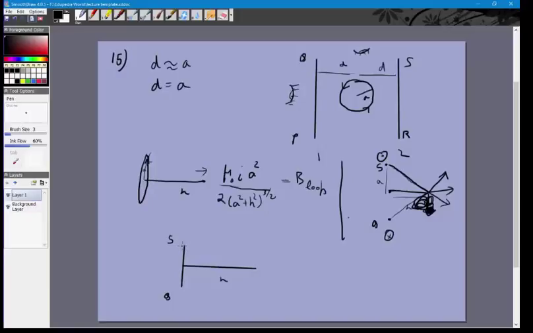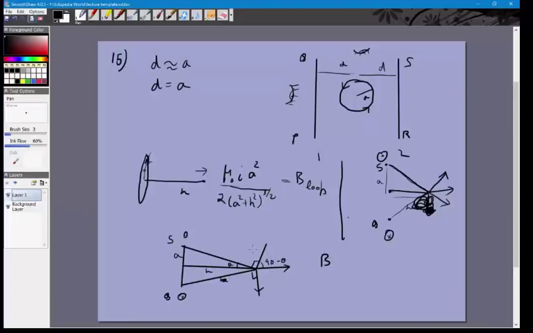And let's say this is H. So if this has a current going into the plane, this has a current coming out of the plane, this will have a magnetic field perpendicular to this line like this, Q, and S will have a magnetic field perpendicular to this line like this, and they will have the resultant like this, which needs to be equal to the B of the loop, right? So this is A, this is H, let's call this angle theta, this is 90 minus theta.